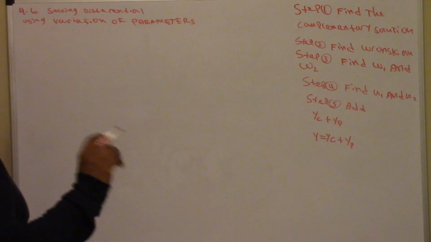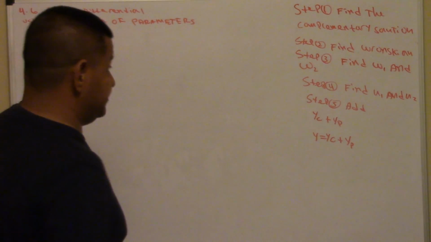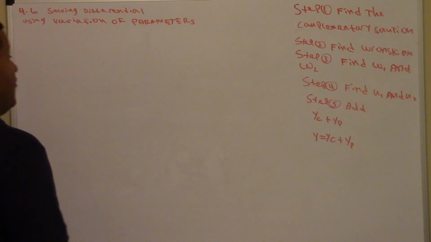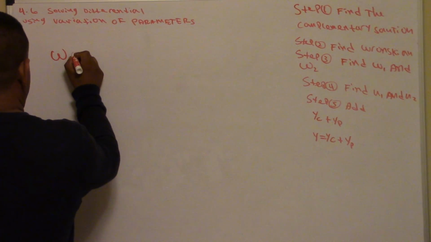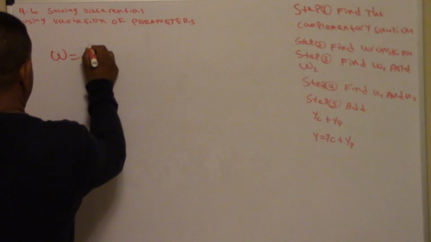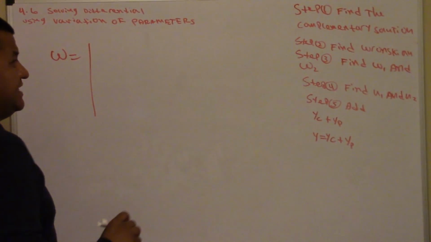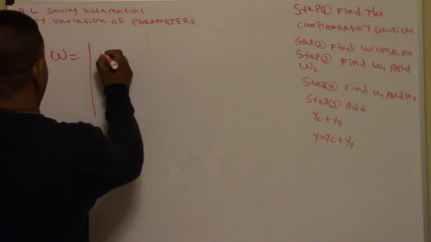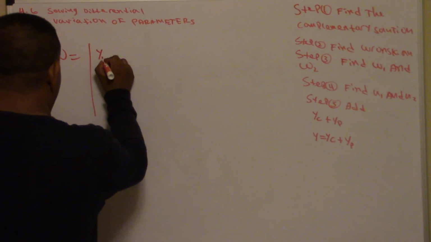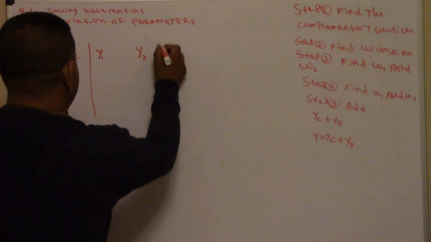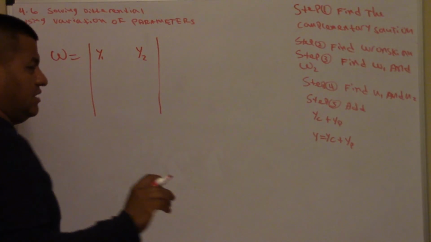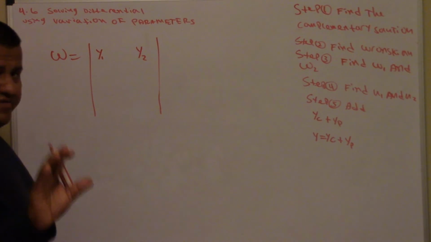The first step, to find the Wronskian, is W equals the determinant of y1, y2 over the derivatives.